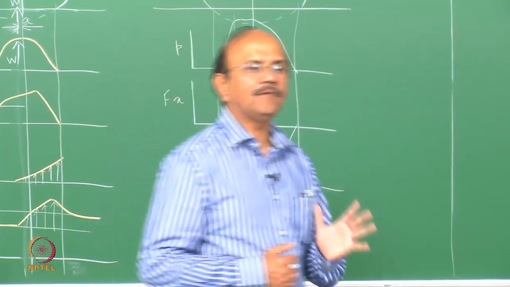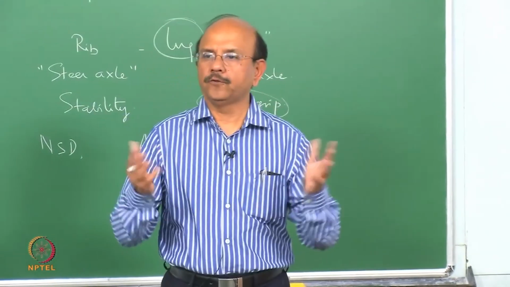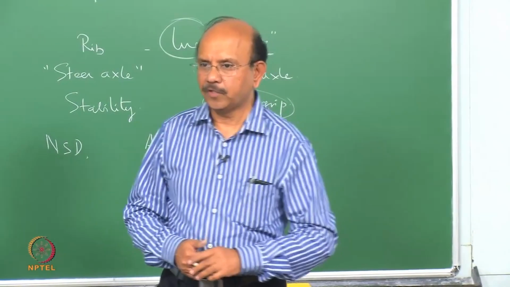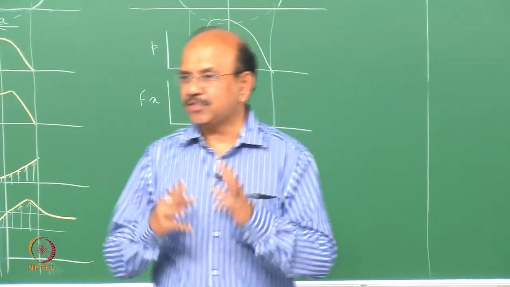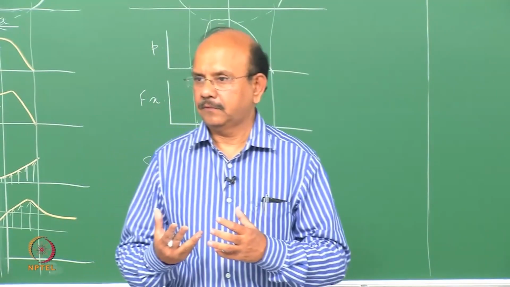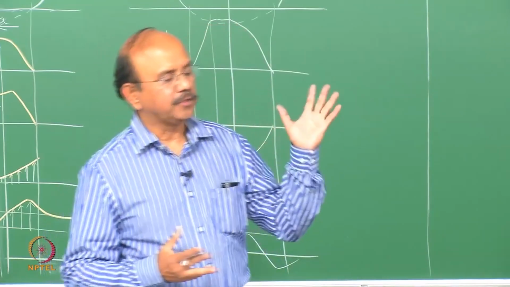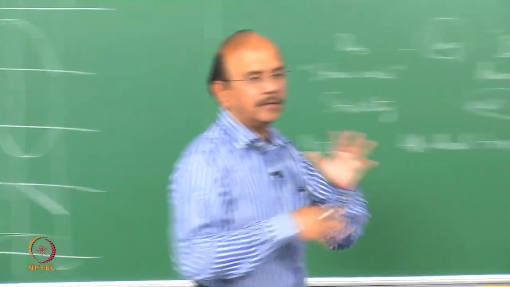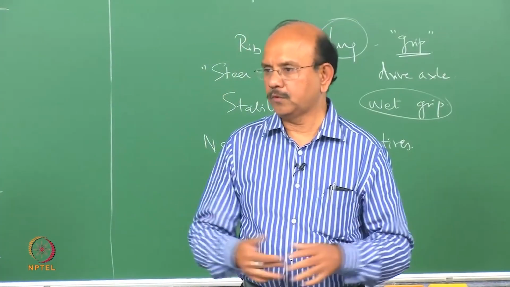And you also have what is called the vehicle camber. All of you know camber, you have studied this in your earlier classes on automotive systems. So the road camber and the vehicle camber combine. Sometimes it neutralizes, sometimes it makes it more, and so on.